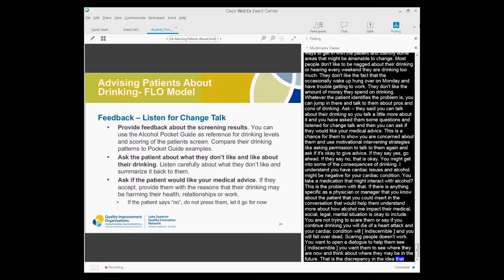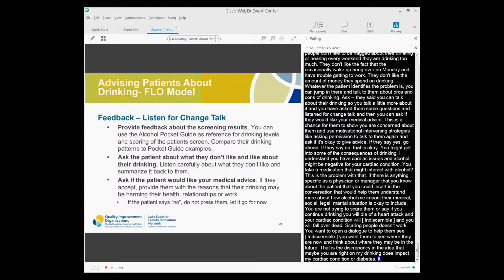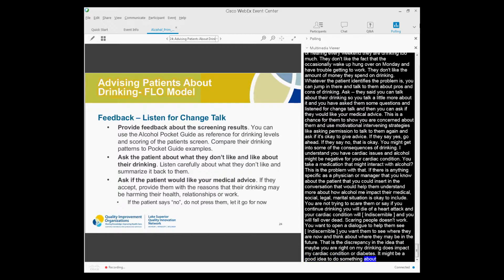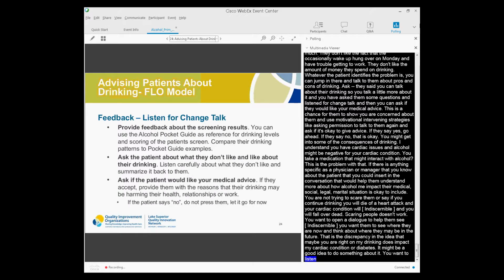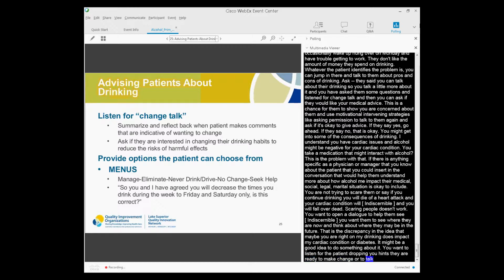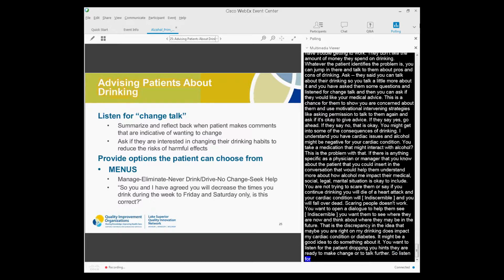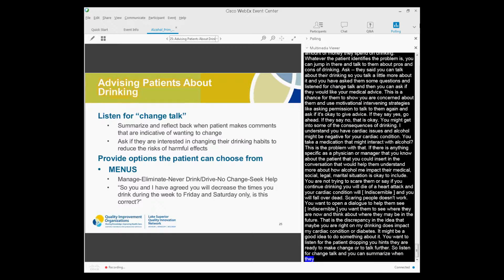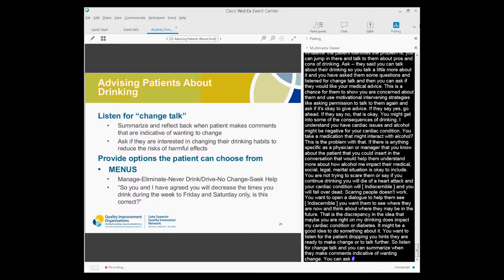So you want to listen for the patient dropping you hints that they're ready to either make a change or to talk further. Again, listen for change talk. You can summarize and reflect back when they make comments that are indicative of wanting to change. And then you can ask them if they're interested in changing their drinking habits. That's when you can jump into the menu, which is manage, eliminate, never drink and drive, no change, seek help.